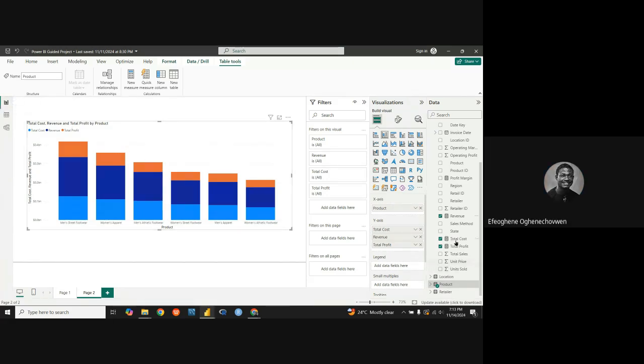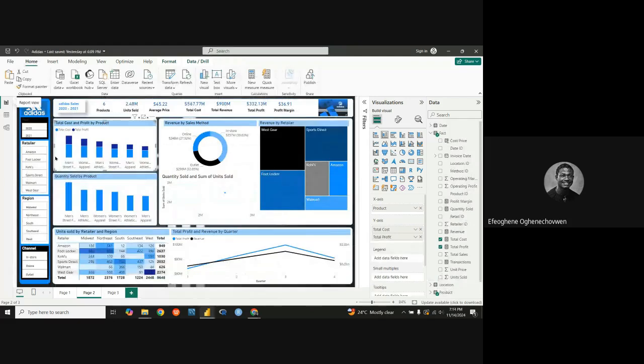For me, I prefer to just see the cost, because I already have other metrics that could help me gauge my revenue too. I have retail revenue by retailer, and I'll show you all of this. It's an interactive dashboard.